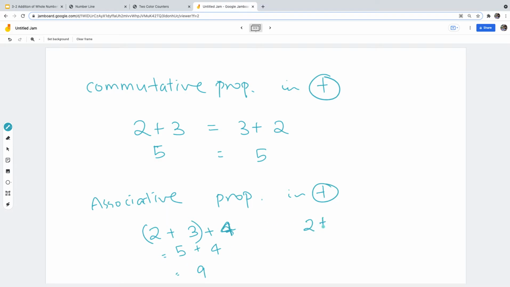How about if we're not changing the order? We're not changing the order, so it's not the commutative property, but we are not adding these two first. We're going to add these two first. So we have 3 plus 4 as 7, and you are adding without switching the order, and that is still 9. So the associative property works.